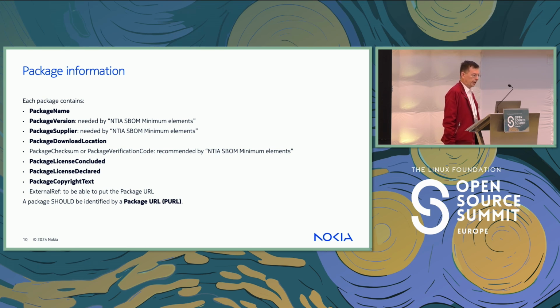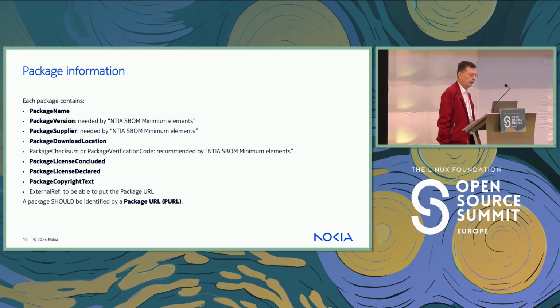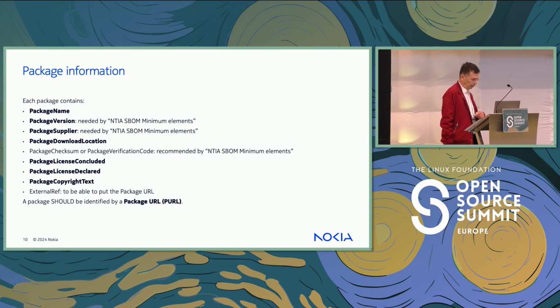So things that are recommended are the hash, so the package checksum or the package verification code. I will say a bit more later on that. We also recommend to identify the package with a PURL or package URL. So this is not mandatory, but it's a recommendation.